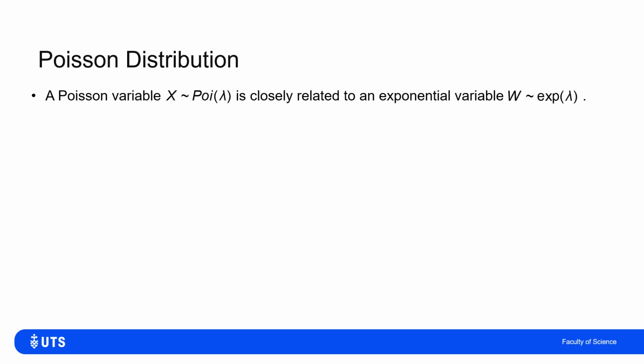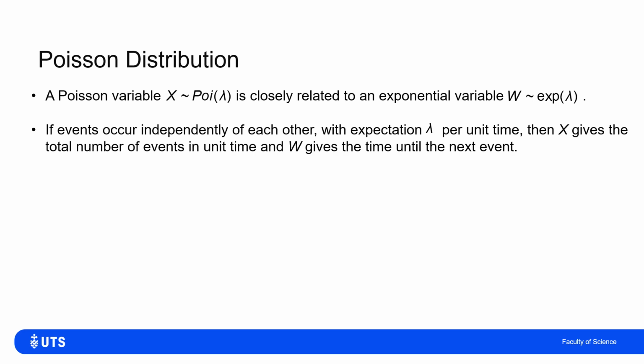A Poisson variable is closely related to the exponential variable with the same rate parameter. A Poisson variable describes how many events happen in a unit of time when the events happen independently of each other with expected rate lambda per unit time. The exponential variable gives the times between those events happening when they happen with the same expected rate of lambda per unit time.